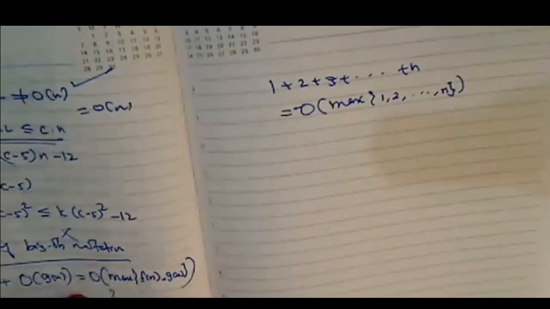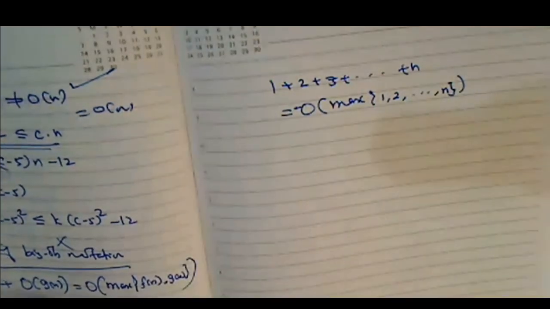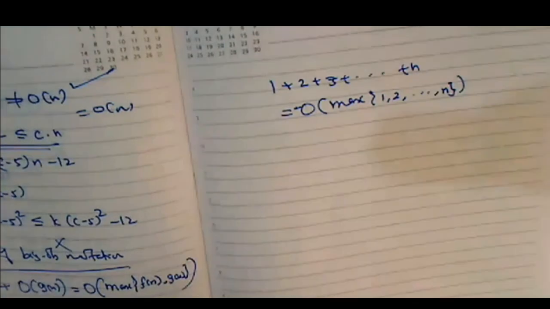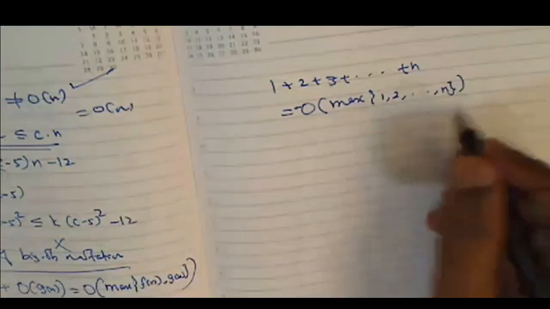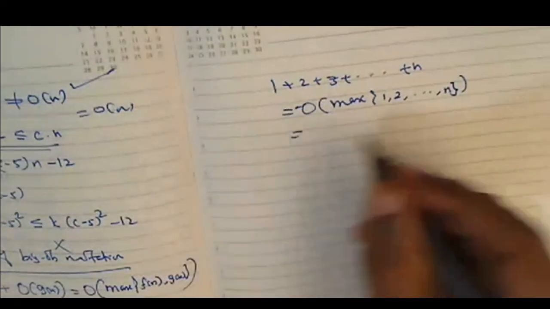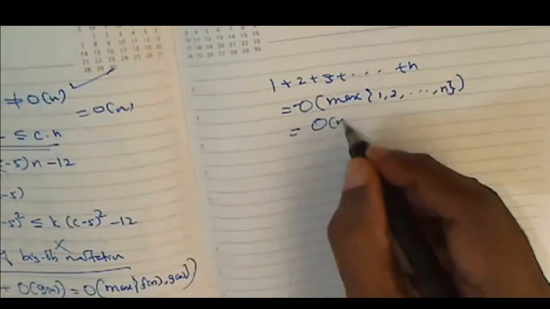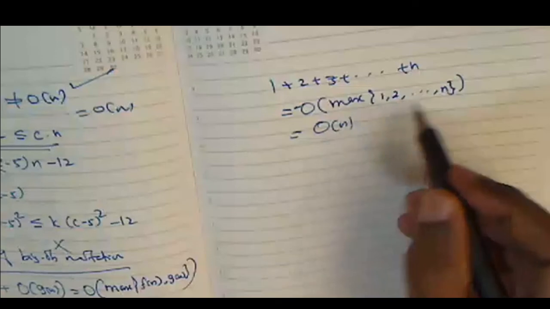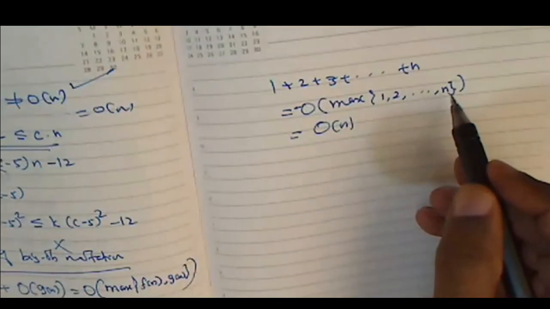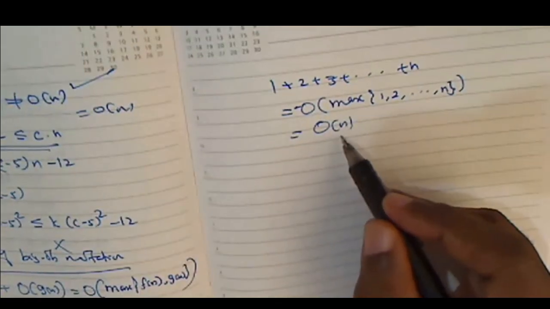Based on this property, every value is order of itself, so it is something like a sum of orders, and out of that I can take order of maximum. What's the maximum out of these values? That is n, so this is order of n. The larger quantity we are writing, that's order of n.